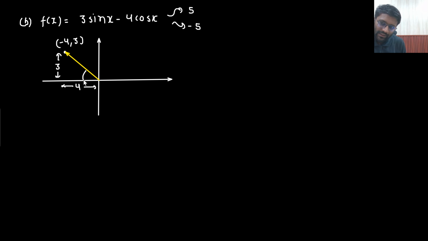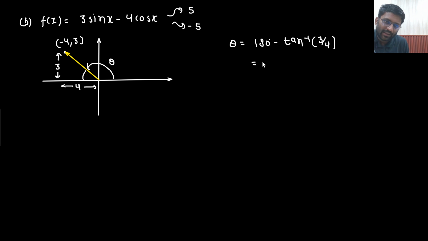So this length will be 3 and this length will be 4. So now I can write down this angle. This angle will be tan inverse 3 by 4. This angle I can write down, but actually I am supposed to calculate this particular angle. So my theta is nothing but 180 degree minus tan inverse 3 by 4. So 180 degree minus 37 degree. What answer you will be getting?